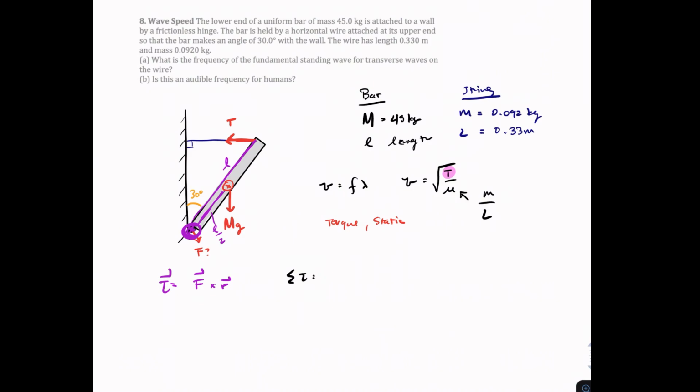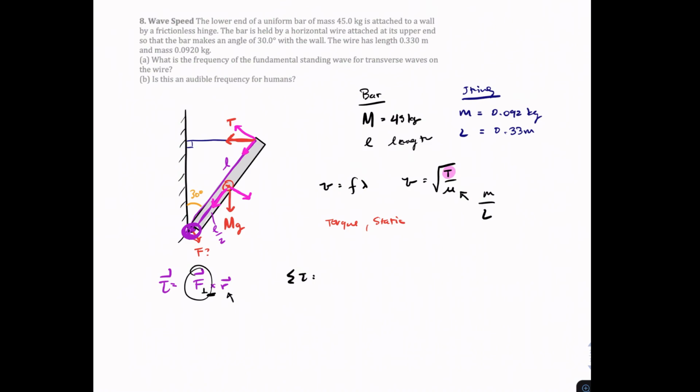In order to do that, remember, what the cross product tells you is that we need the force perpendicular to the rod. So in this case, we want to break up our forces into parallel and perpendicular components to the bar. So like this, okay?